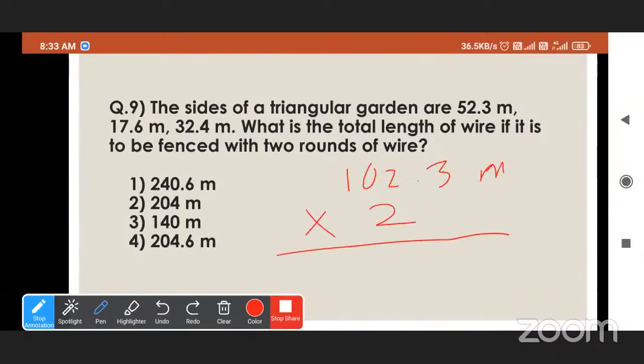So 2 into 3 is 6. 2 into 2 is 4. 2 into 0 is 0. 2 into 1 is 2. So see here the answer is 204.6. So which one is the correct option? 4. Good.